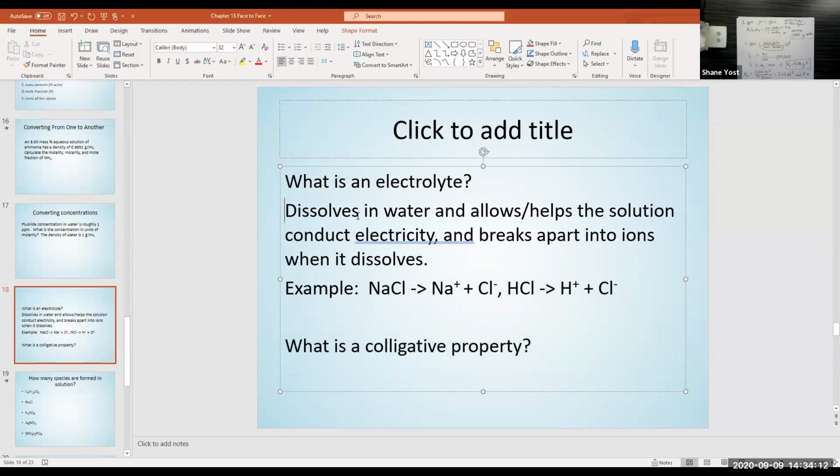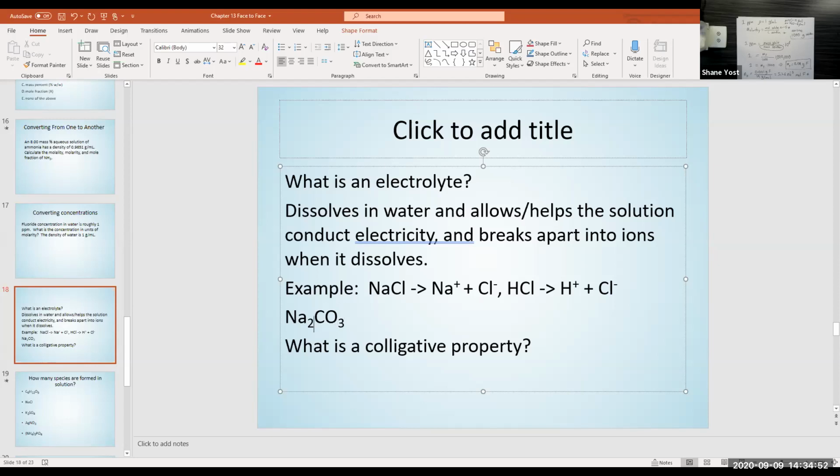And real quick, a non-electrolyte is just things that don't do this. A non-electrolyte is something that doesn't form ions in solution when it dissolves, doesn't break apart, and doesn't help the solution conduct electricity, okay? Typically, your electrolytes are ionic compounds and things like that. It doesn't have to be just a metal with a non-metal. You could have CO3 2 minus, so another example would be Na2CO3.